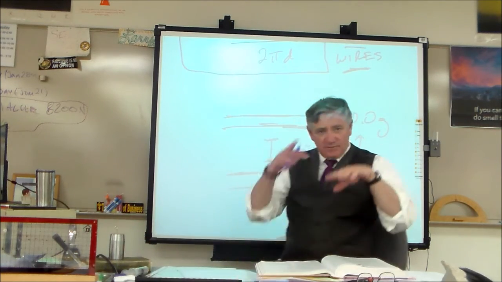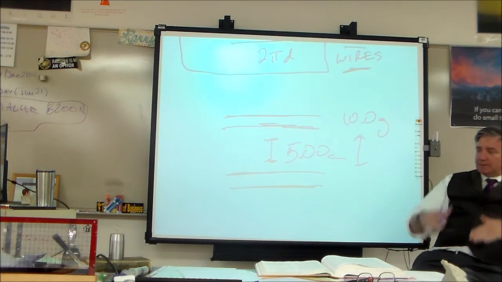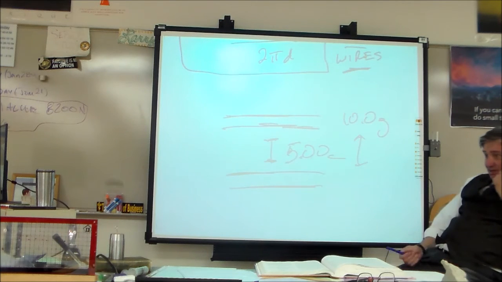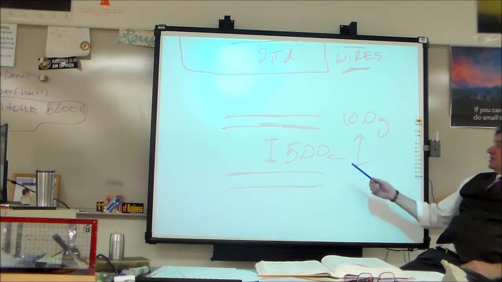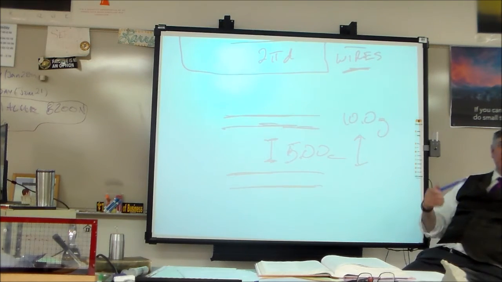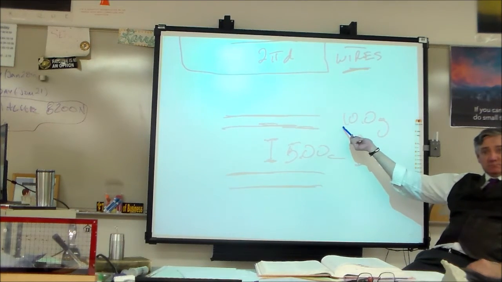So you have 2 wires, separated by a distance of 5 centimeters, and this top wire has a mass of 10 grams. You want to figure out how much force, how much current, a whole bunch of different things you could do to make this wire hover, okay?